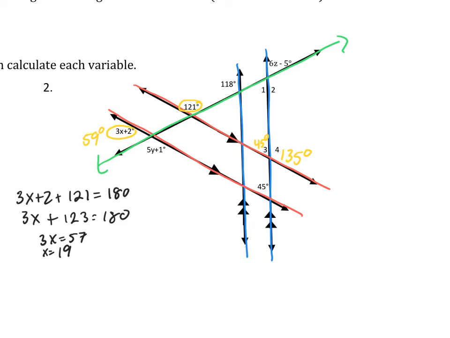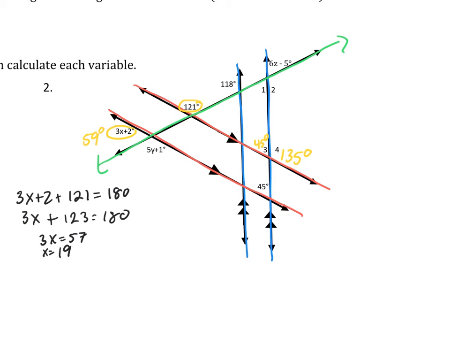So I have two options here. First option, 5y plus 1 and the 121-degree angle are alternate exterior angles. That means that they will be congruent. Or 5y plus 1 is supplementary to that 59-degree angle that we just found there. So we have two different equations that we could set up.